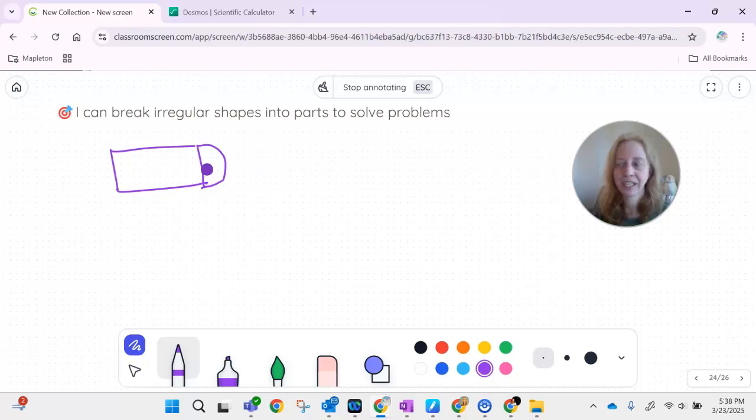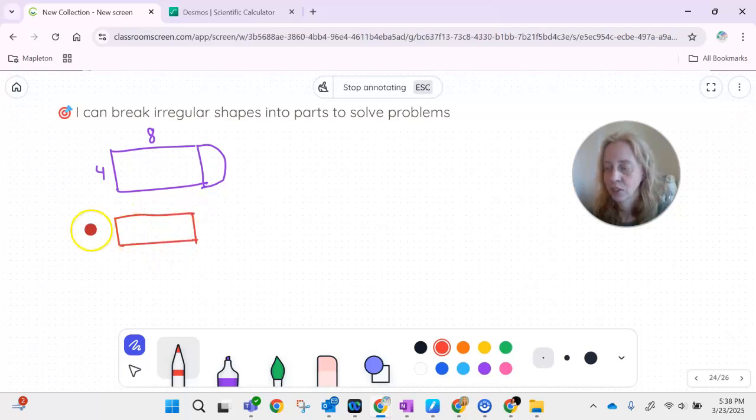You're going to look at this and say, my job here is to break this into different pieces. So I have a rectangle, which is 4 times 8. And the area of the rectangle is length times width, or 8 times 4.